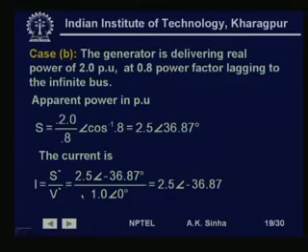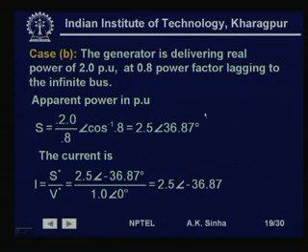Now, when we have the initial operating point where the power being delivered by the machine is 2 per unit, we again calculate the apparent power with its angle, and the current we get is 2.5 angle 36.87.